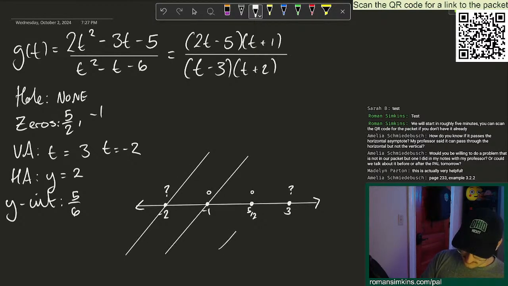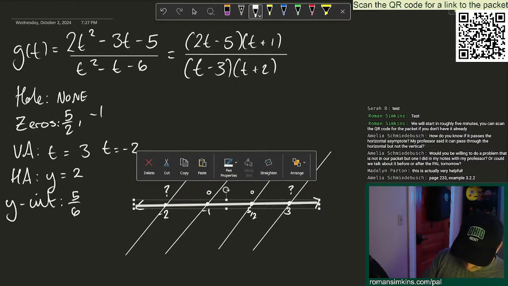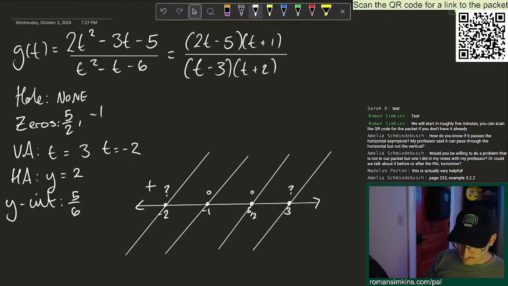And please, someone stop me if you need a brief sign diagram review. I'm kind of assuming we're getting better at this point, but I'm more than happy to explain. All right, so this interval here gets a negative value, negative value, negative value, negative value. 4 negatives, or in fact an even number of negatives, is always going to be positive. So this interval is positive.